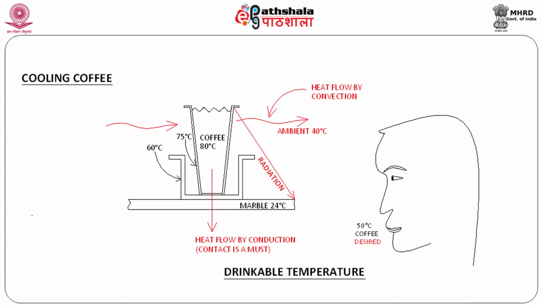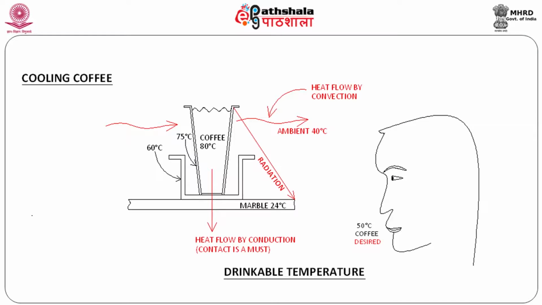Down at the bottom, you will find that the glass is in contact with the dabra. The dabra is in contact with the marble, and there you have physical contact which is taking away heat by conduction. So, the downward arrow indicates heat lost by conduction, convection, and there is a very small portion being lost by radiation, because the surface of the 80 degrees tumbler is also exposed to 24 degrees of marble.